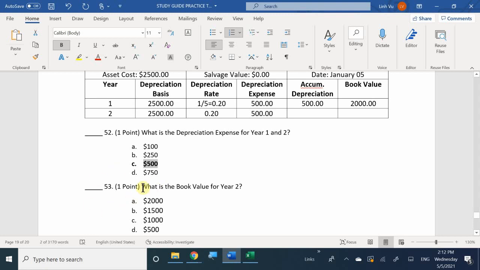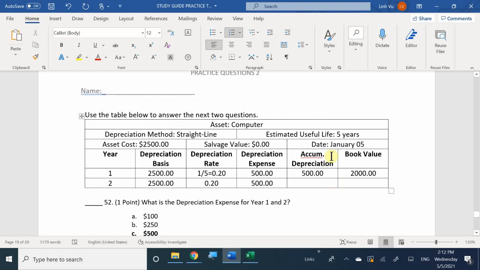So here, what is the book value for year 2? Let's complete our table. What's my accumulated depreciation for the second year? 1,000. So my total book value for year 2 is going to be 1,500.